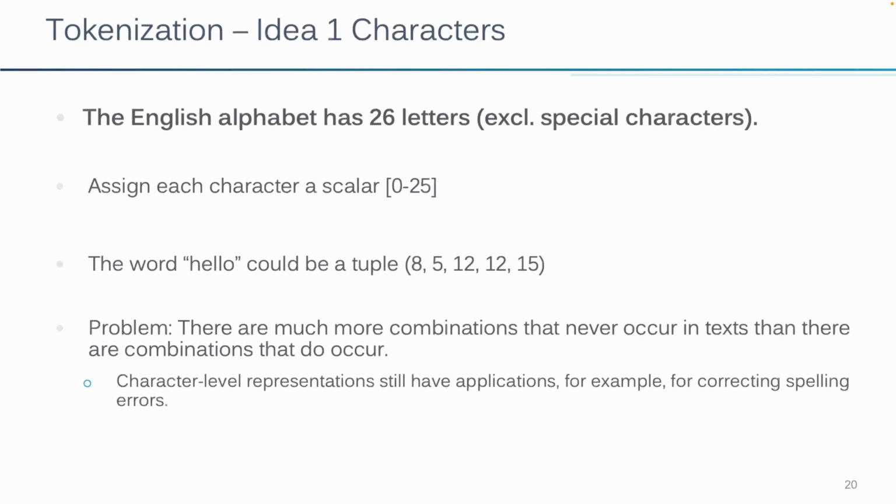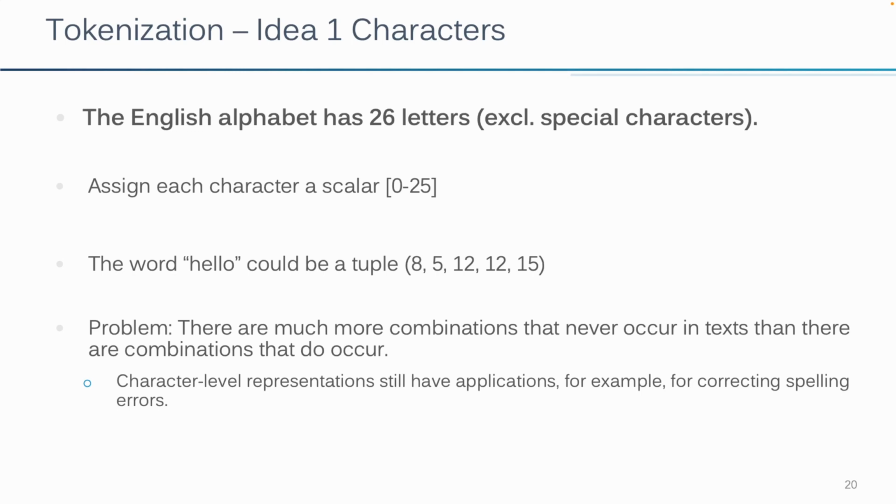And there are different ideas. One of the intuitive ideas is, well, text is just characters, right? We have an alphabet. We learned this in elementary school. It has 26 letters for English. Let's not take any special characters, just A, B, C, D, E, F, G, and that basically can be a scalar from 0 to 25.